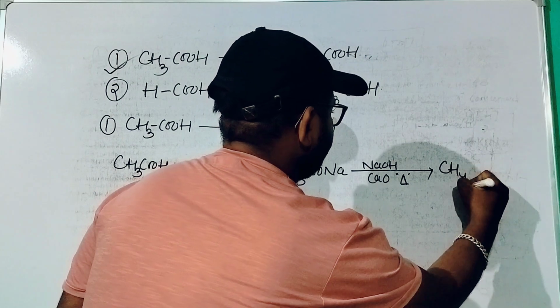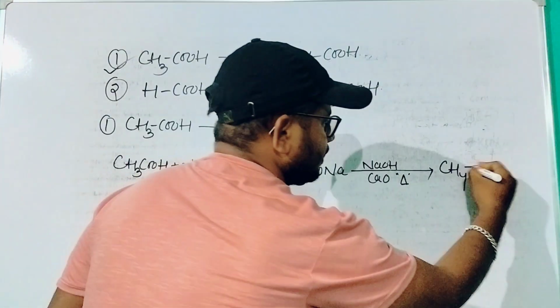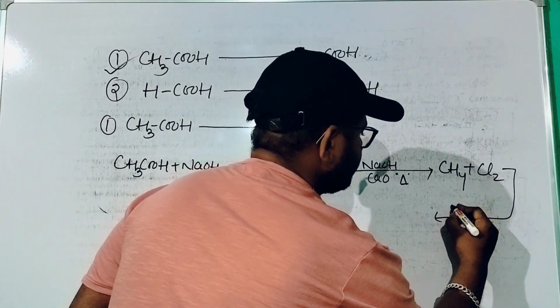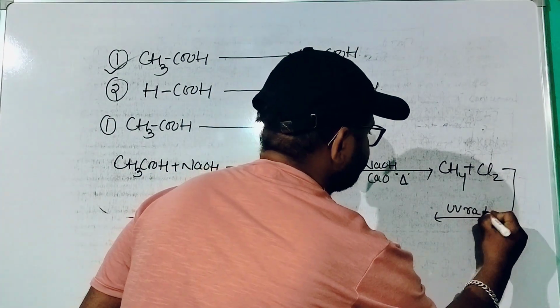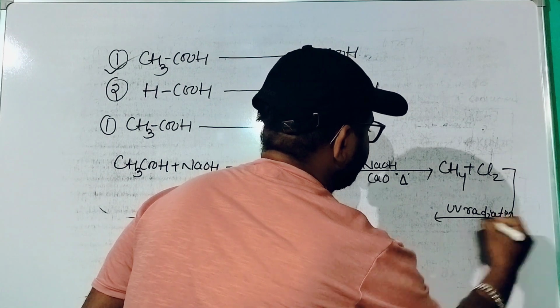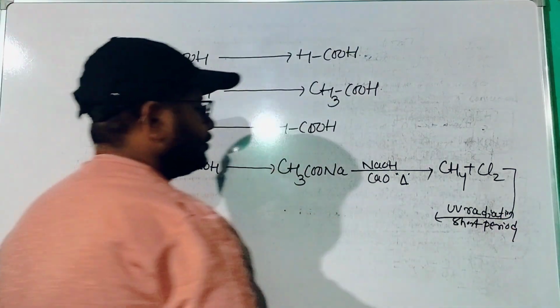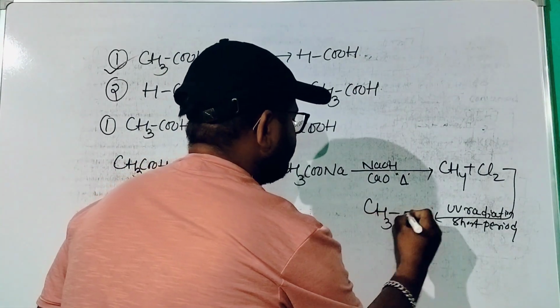Methane can be further treated with chlorine in the presence of sunlight or ultraviolet radiation for a short period, and we get methyl chloride.